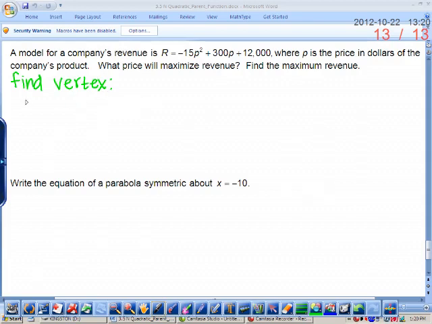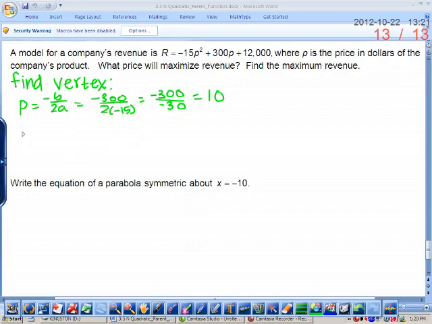All right, so my x value in this case is what? R or P? Okay, so P equals negative B over 2A. So the opposite of 300 over 2 times negative 15. Negative 300 over negative 30. So what's P? 10. All right, please find R.